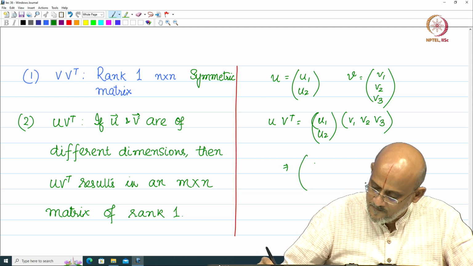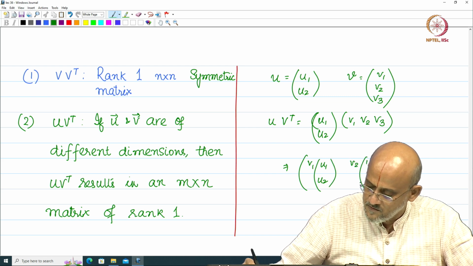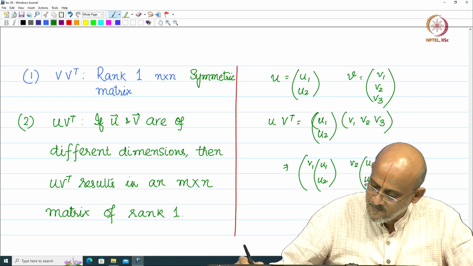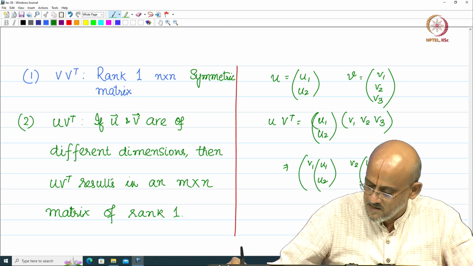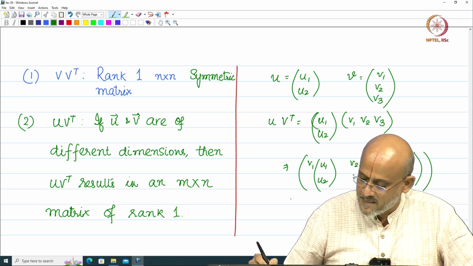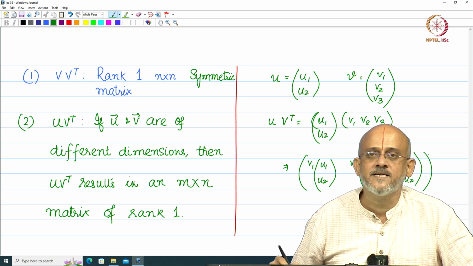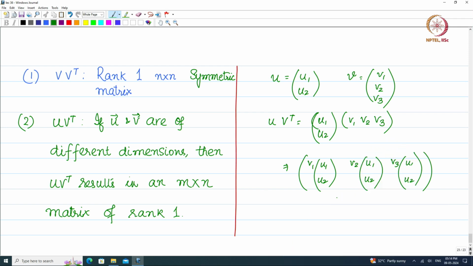We get V1 into U1, U2, V2 into U1, U2, V3 into U1, U2. Again, the columns are all scalar multiples of the same vector, so it is going to be a rank 1 matrix, but of dimension 2 by 3. So UV transpose in this case is a 2 by 3 matrix of rank 1.